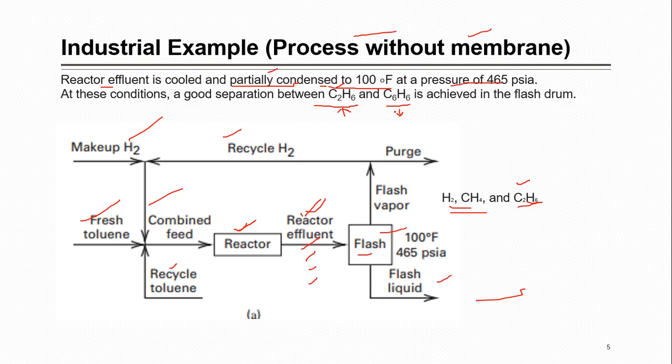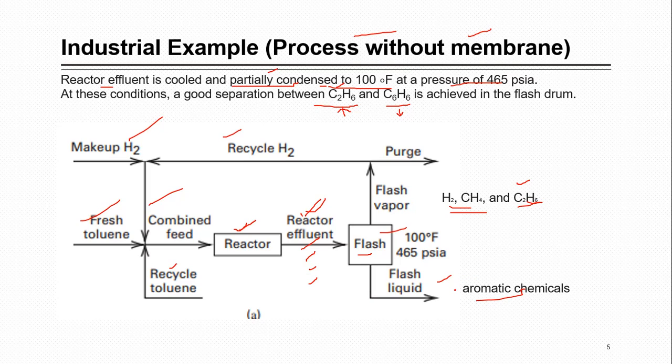So this is our heavy key, and all components heavier than this will go to this stream of flash liquid. They are aromatics, a combination of benzene, toluene and xylene, present inside this system. So this is the overall process up to here, where this separation takes place.